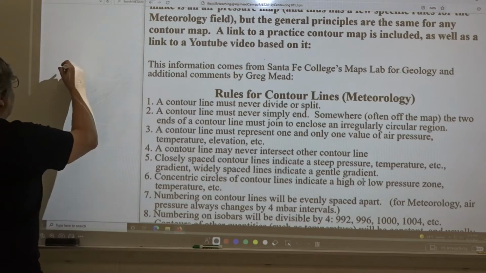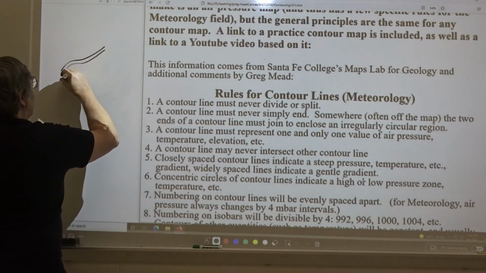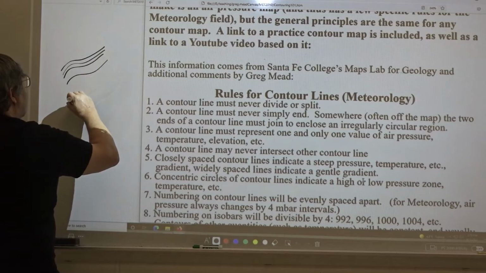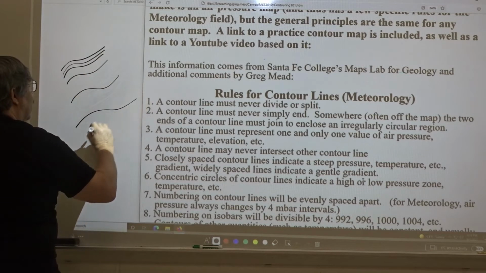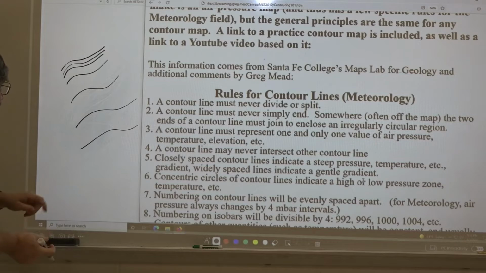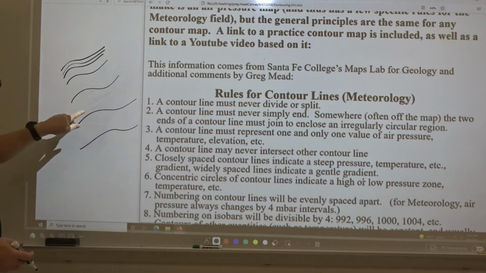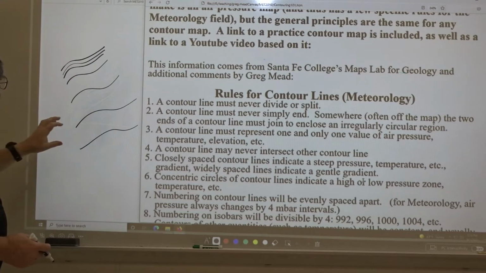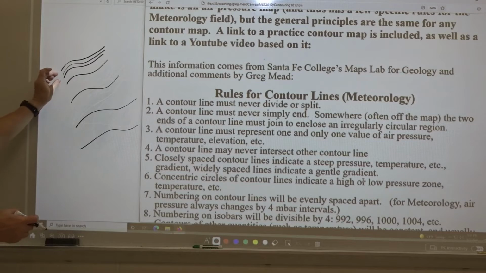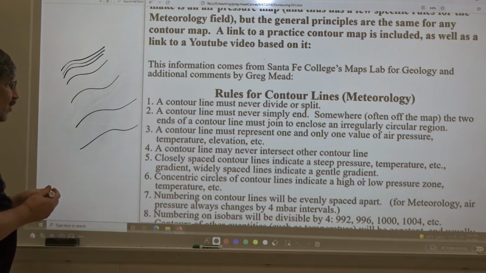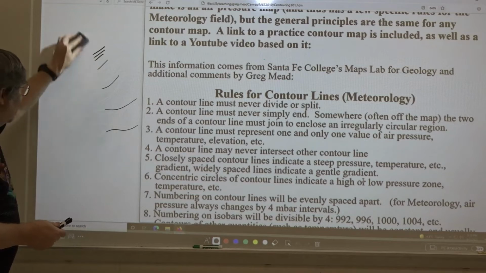In other words, if you have an area where you have contour lines that are close together and then suddenly they're far apart, remember that this is a map and you have horizontal distance as you move along the map, so that over here air pressure does not change much, and so that would be considered a gentle gradient of pressure, whereas here pressure is changing rapidly, and so we call that a high gradient, or a steep gradient of, in this case, air pressure.